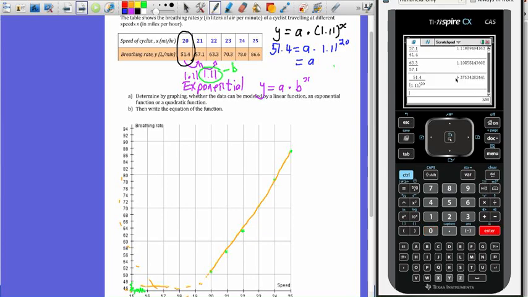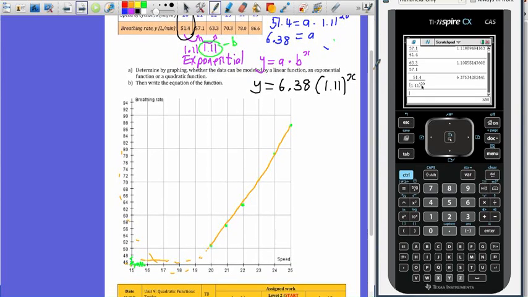And what we have there is 6.375, and so I will round that to 6.38 for the a value, and we can now write the equation: 6.38 multiplied by 1.11 to the power of x is the exponential function that models the speed of a cyclist relative to breathing rate, or breathing rate relative to speed.